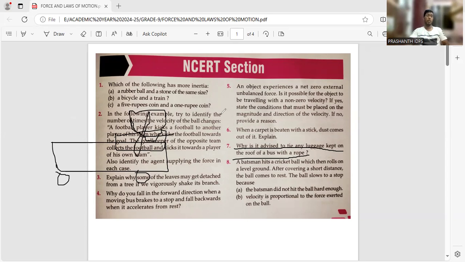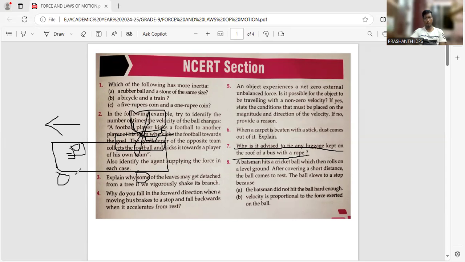Why should we tie it? Now I'll explain very simply. When the bus is moving in this direction and suddenly the driver applies a brake or decreases the velocity, there will be a change in the velocity of the bus.